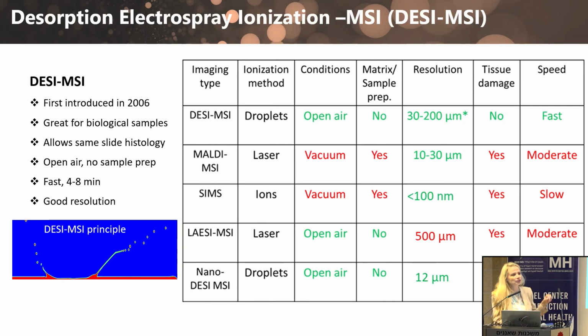It is based on solvent droplets, charged solvent droplets that we forward onto a tissue section. And these solvent droplets desorb and ionize molecules. It's done in open air, very simple, very fast. Not very, but relatively fast. So this slide is very outdated.